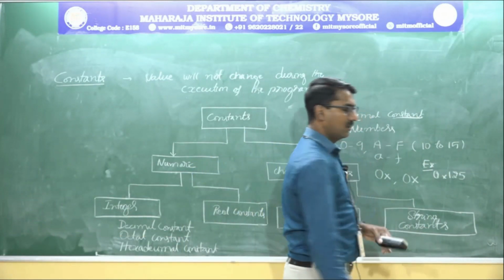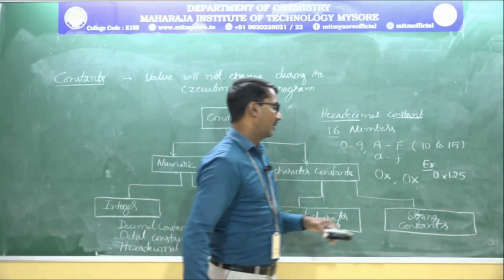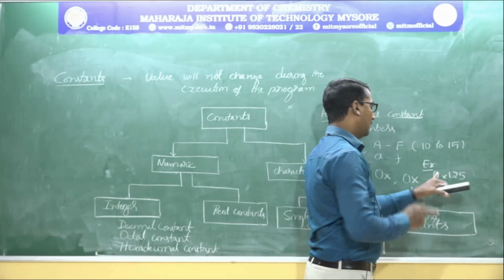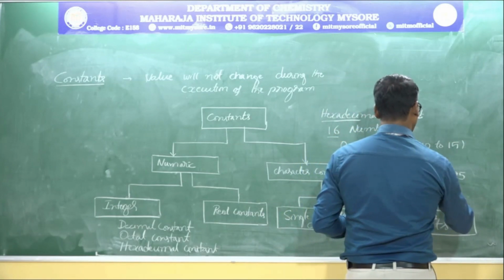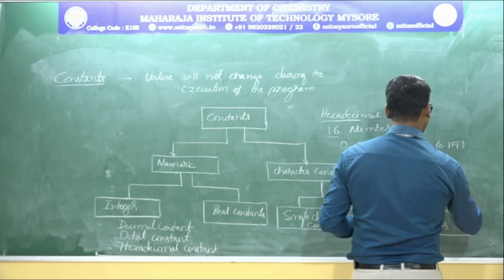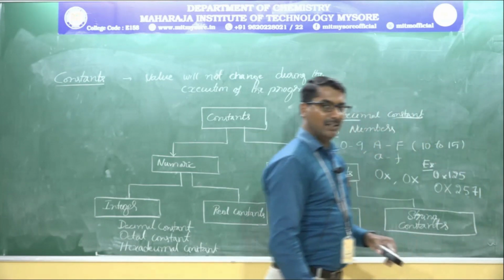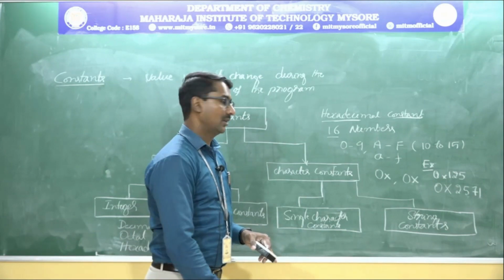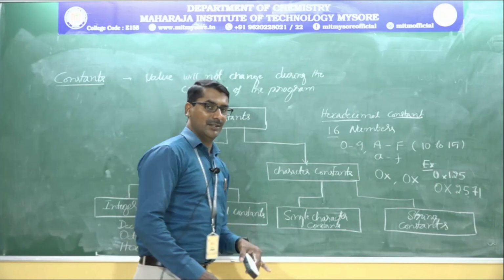If you write only 125, then it will be a decimal number. So either you can write x as a small letter or X as a capital letter. Example, 0X2571. Now this number is a hexadecimal constant.